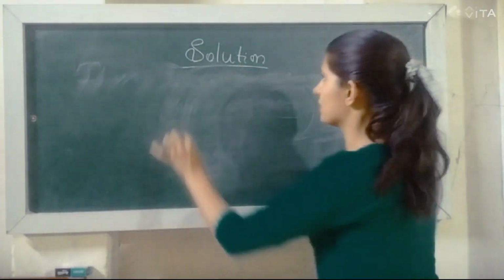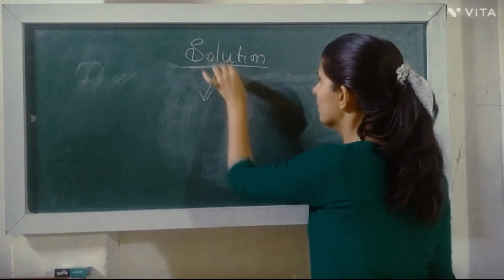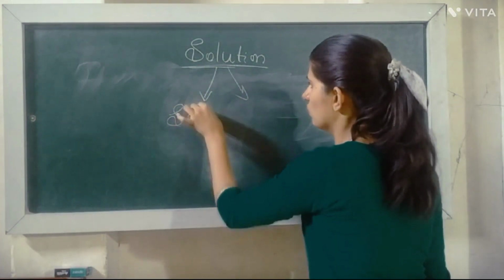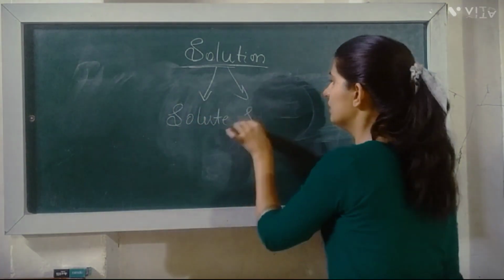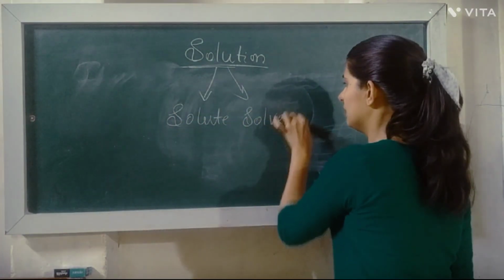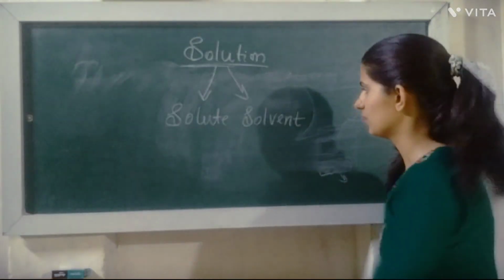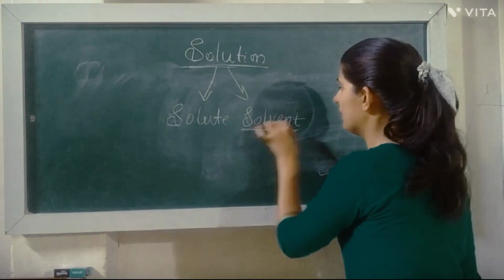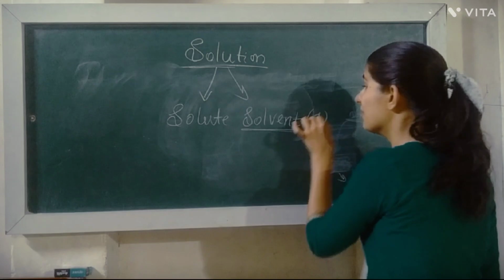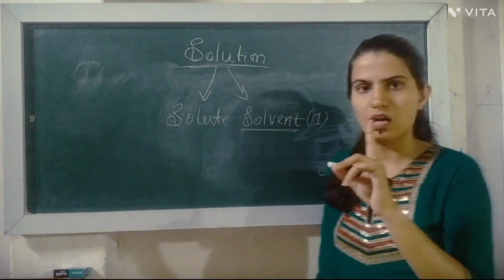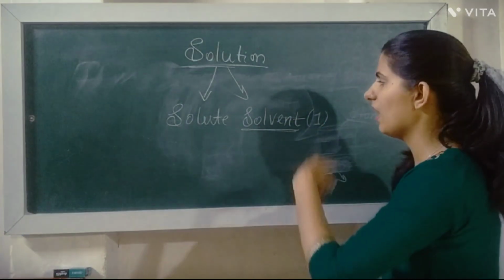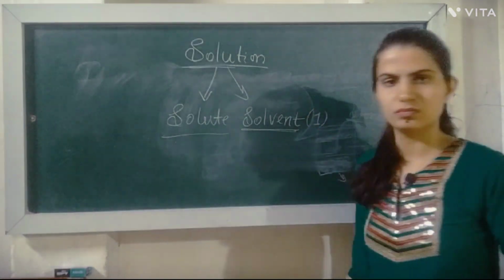In the solution we have solute and another one is solvent. These are the 2 components present. Solvent must be 1, the first component, and solutes can be many, we can add.